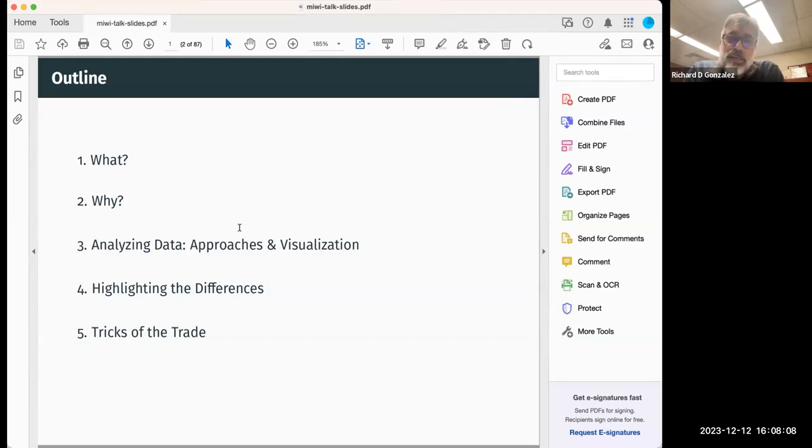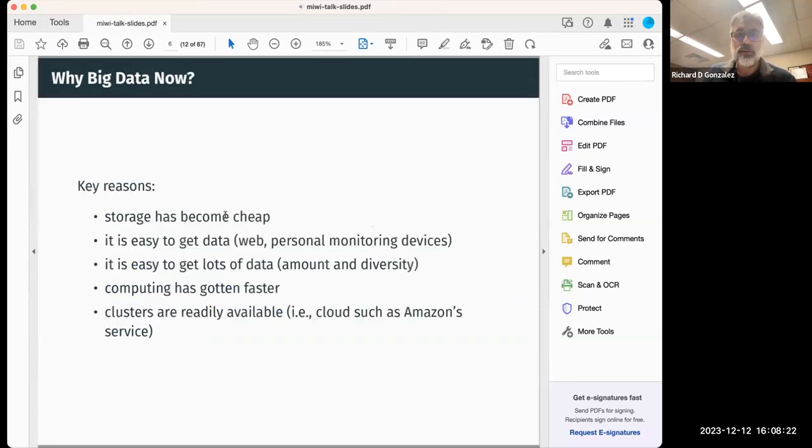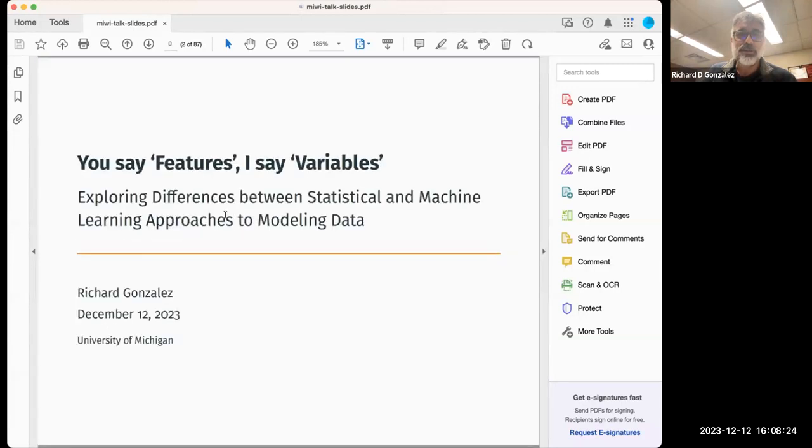And then just summarize by hitting those vocabulary words again and presenting them as almost tricks of the trade. So let's go right into the, I skipped way too much ahead.